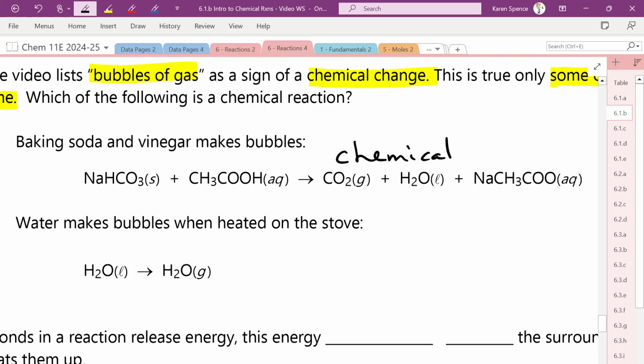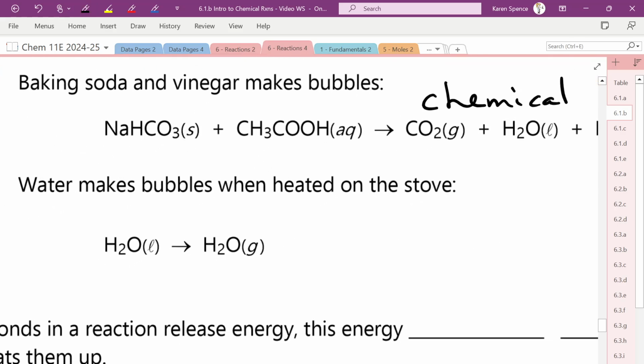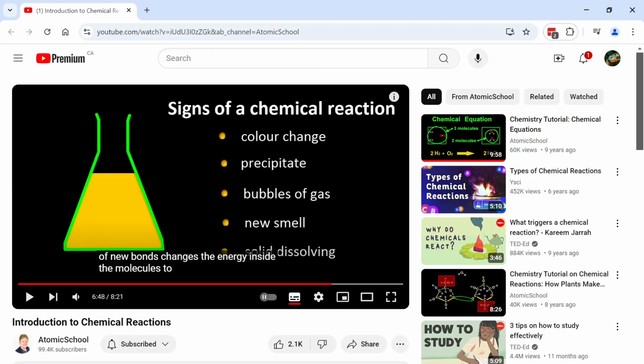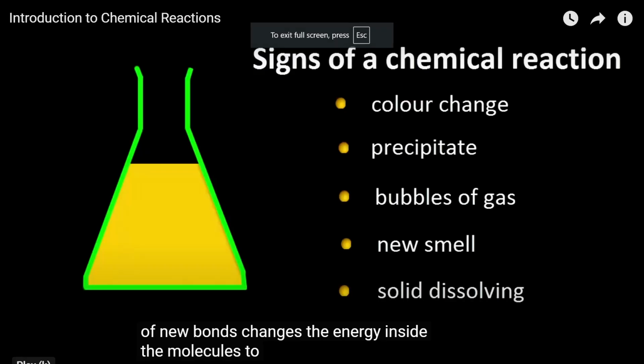How about when water makes bubbles when heated on a stove? Physical. And that's why the best clue to whether there's been a chemical change or not is whether you have a new substance. Sometimes it's hard to tell just by looking at it, right? So there we are.